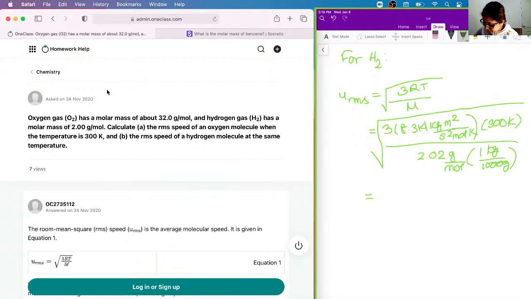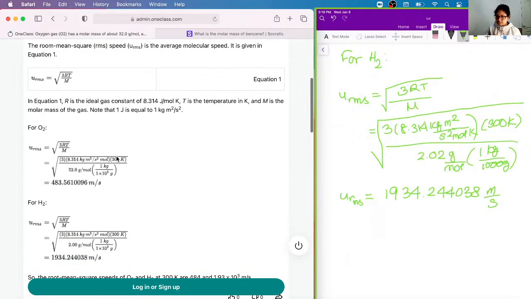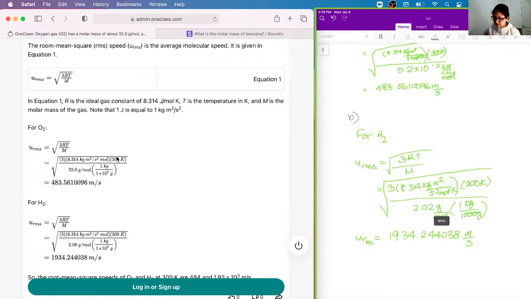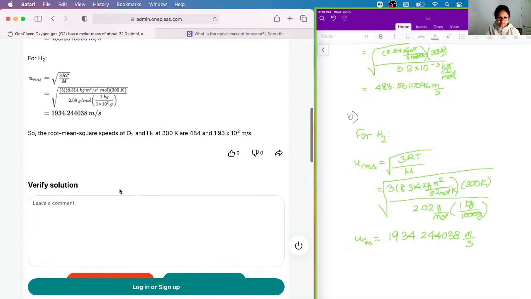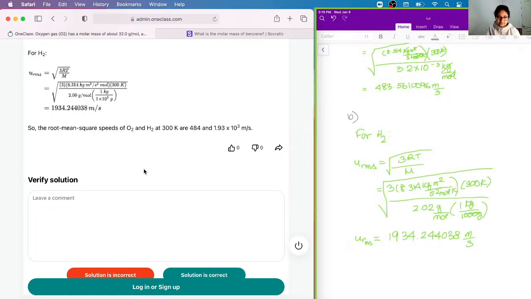If we compute this, we would get 1,934.244 meters per second. Okay, so this is the answer. So the root mean square speeds are 484 and 1.93 times 10 to the power of 3 meters per second.